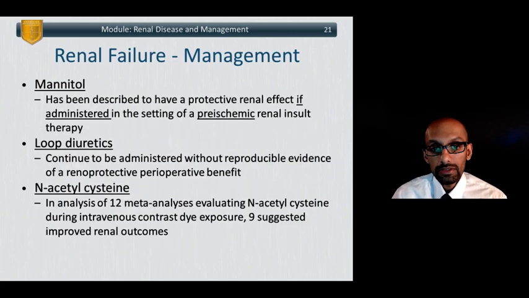Mannitol has been described to have a protective effect on the kidneys if it's administered in the setting of pre-ischemic renal insult. It does this in a variety of ways. It's a free radical scavenger. It increases the production of renal prostaglandins, which vasodilate the capillaries in the renal tubules.